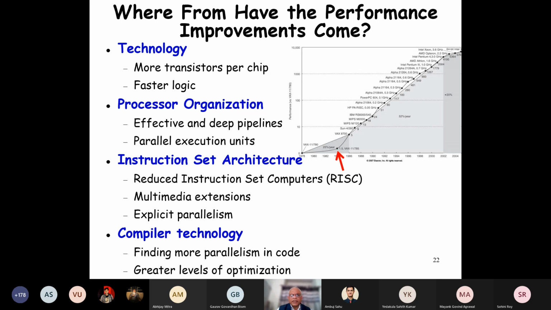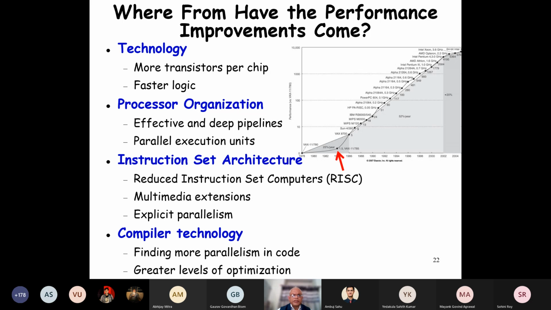Very surprisingly, as we reduce the transistor size, the speed of the transistors also increases. The leakage currents increase as we reduce the transistor dimensions. The leakage current increases, but then the transistors become faster. We'll see briefly how it happens.